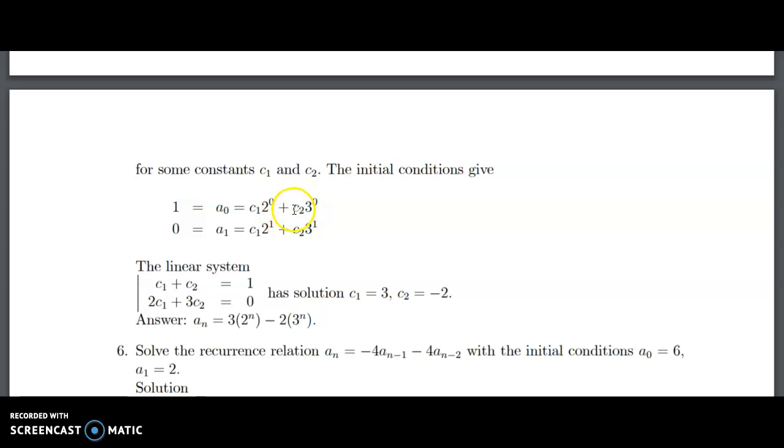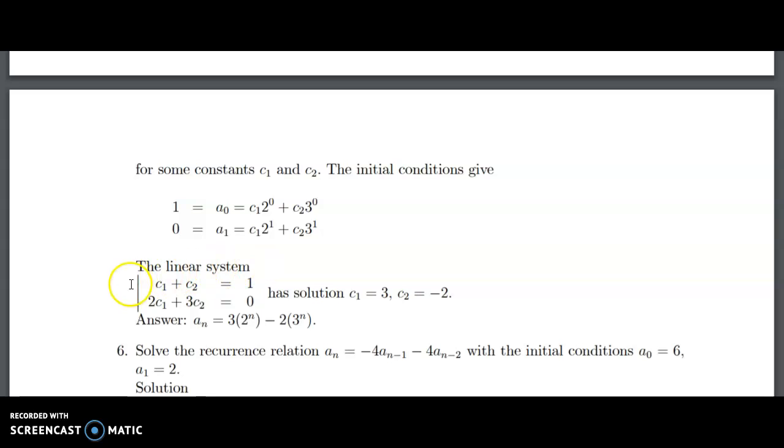But this becomes C1 plus C2 equals 1, the first equation. Then replace in the formula that we have n with 1, you get a1, which is 0 in the problem. So 2c1 plus 3c2 is equal to 0.